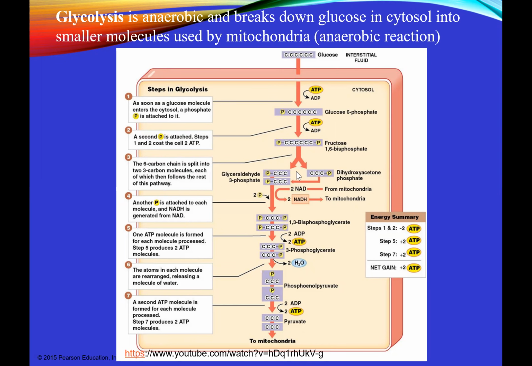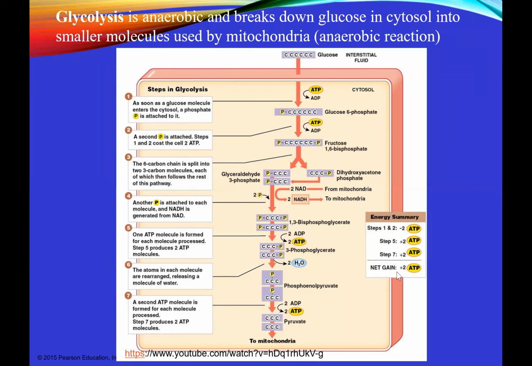So even though this process of 8 to 10 steps happens, making only 2 ATPs, it makes electron carriers. NAD is an electron carrier. So what happens is NAD will grab onto one proton and becomes NADH.